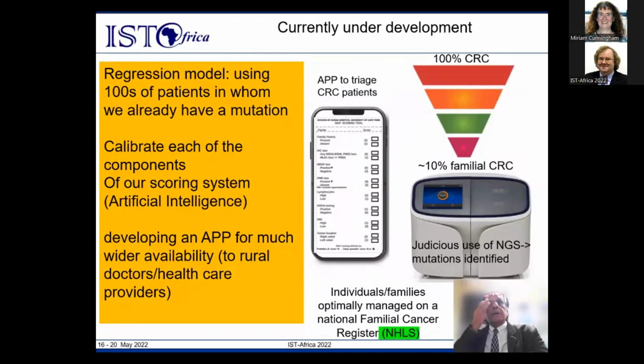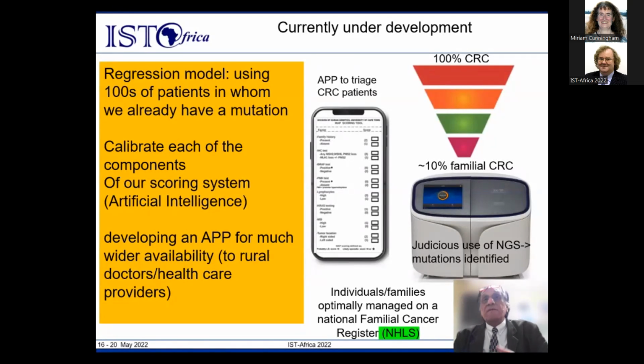So what we have is this working model in the background, and the way forward is, in fact, it's happening right now, that we're developing a regression model where we're actually looking at all of the data we've gathered on the hundreds of patients in whom we already know have a genetic mutation and have either developed disease or are likely to develop disease.